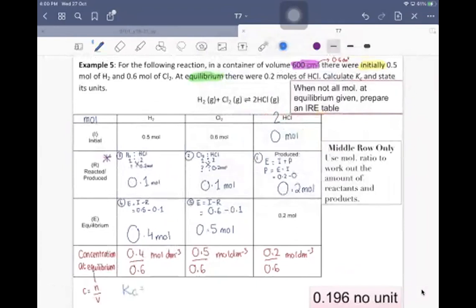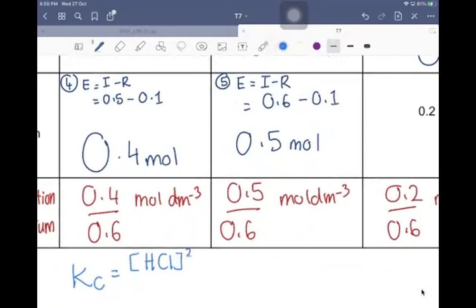Kc is equal to the concentration of HCl. Just make sure that all your reactants and products are not solid. None of them is a solid. Next, HCl, don't forget, raised to the power of 2.